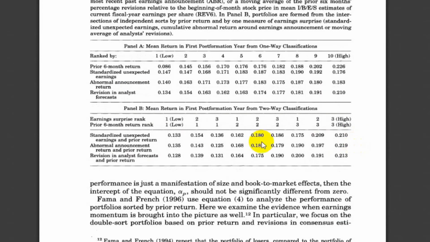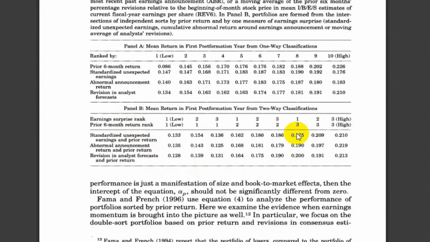And so taking a look at panel B, here we see that the top ranked 3-3 portfolio significantly exceeds the return of the 1-1 portfolio, and that's across all of the earnings measures. And we see that adding in the earnings surprise rank, the 3 rank is higher than the 1 rank returns across the different earnings measures. So we still see that there's some explanatory help from the earnings surprise measure.